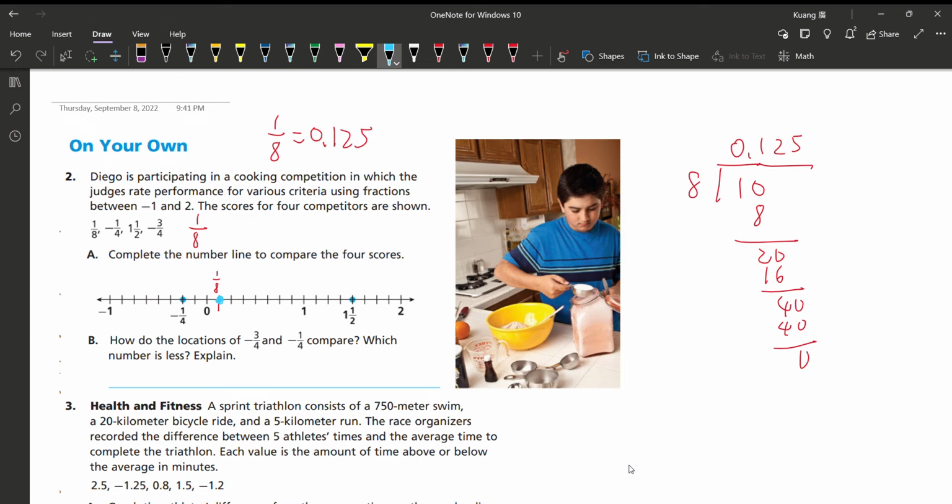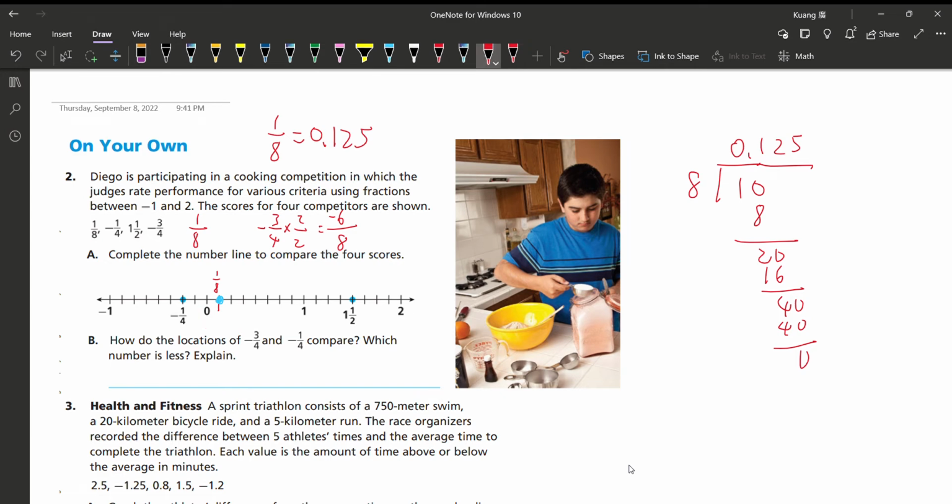And how about -3/4? If you multiply by 2/2, -3/4 times 2/2 becomes -6/8.